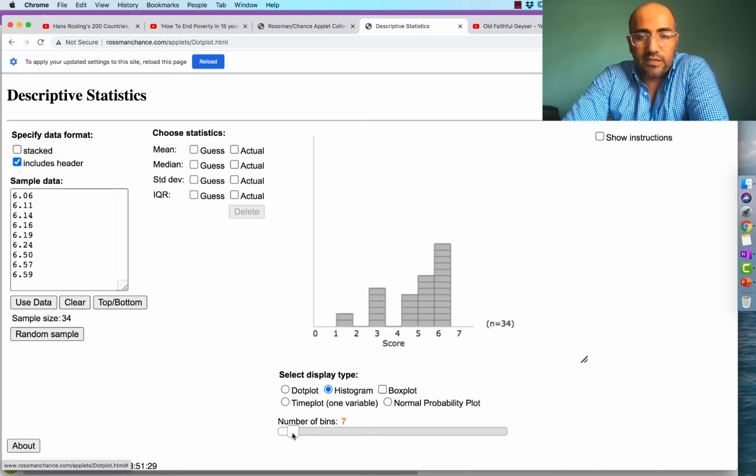If we increase it a little bit more, let's jump over to 10. This is what that same data would look like if we break it up into 10 different classes. And then that same data would look like this if we broke it up into 20 different classes. Good.